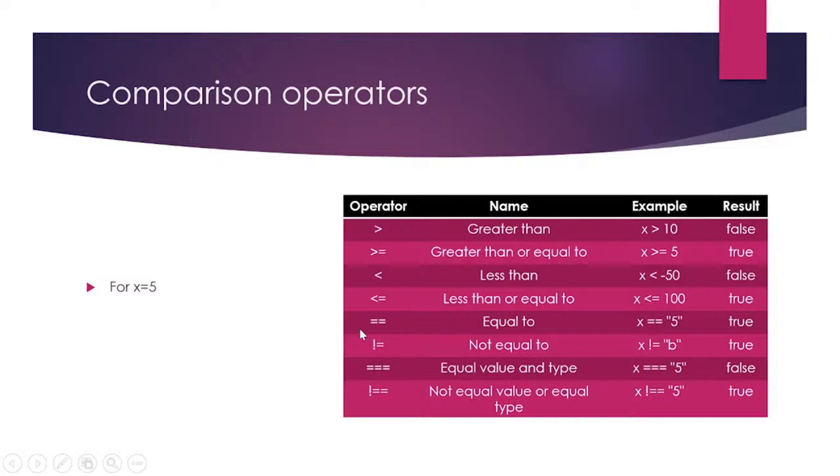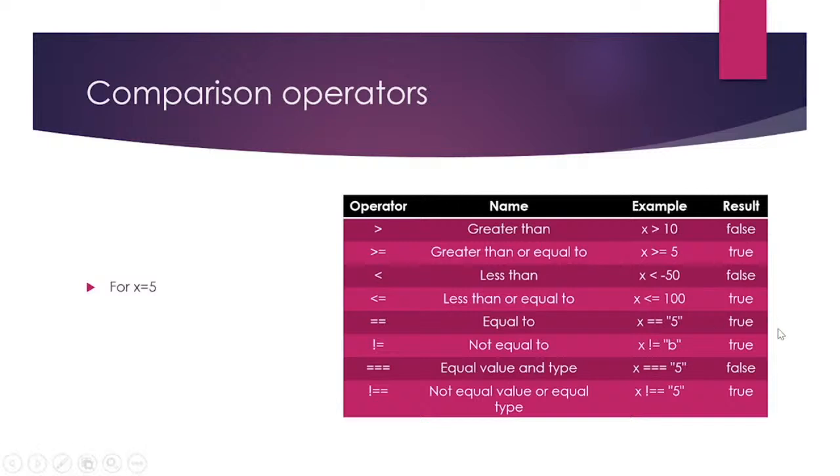Let's now give these two a comparison. Let's take x as 5. If x double equal to 5, you put a conditional statement to it. You check if x is equal to 5, and it says true. There's an observation you can make right here: we defined x as 5, the number data type, and here x equals to 5 is a string.